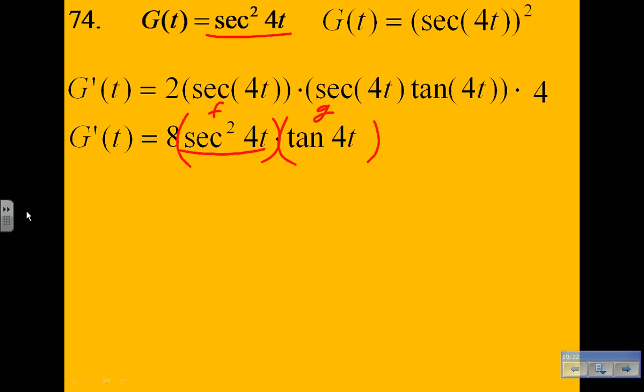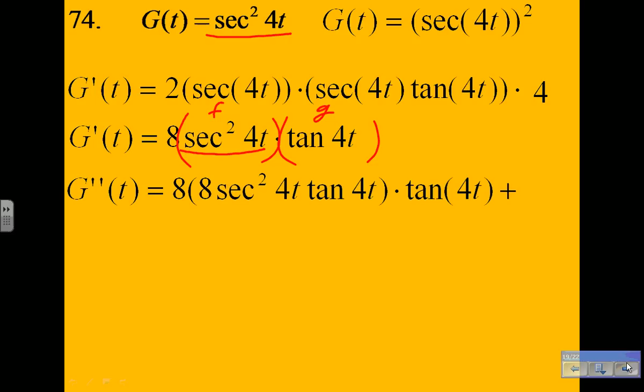So for this one, I just put in 8 secant squared of 4t tangent 4t because I've just done the problem. That's the derivative of the first function f. Product rule says you take that times the derivative of tangent. It saves you a lot of time. If you have to grind all the math out every day at college, you wouldn't get it all done. Kind of like reading. You learn how to read efficiently.